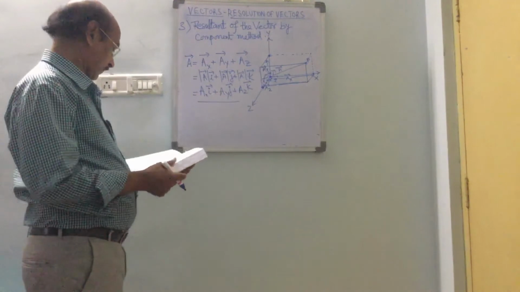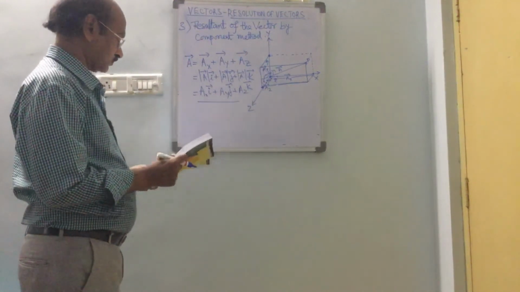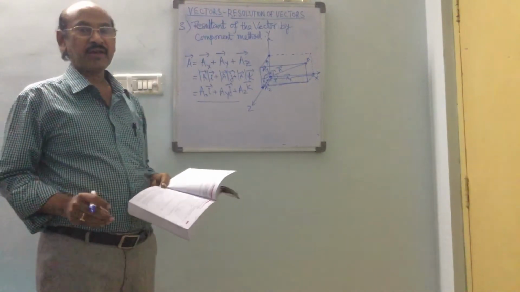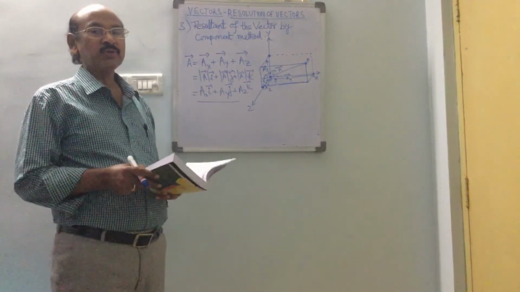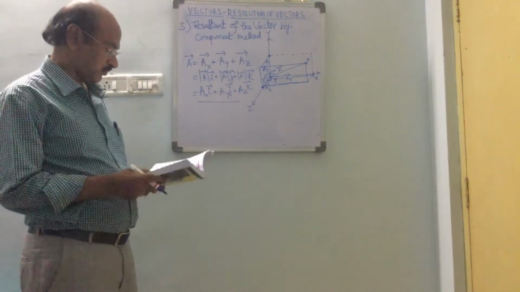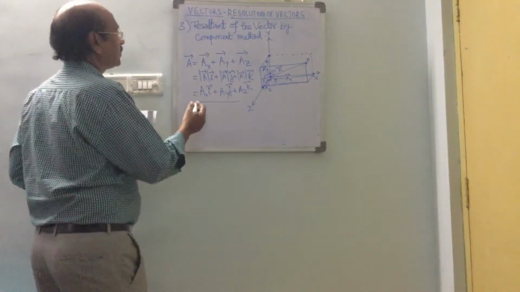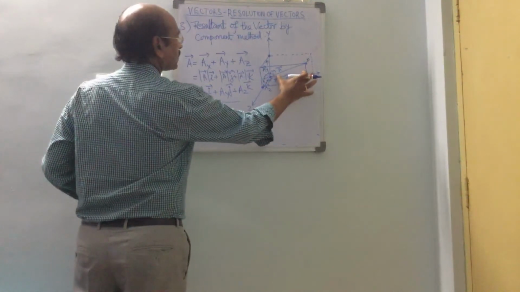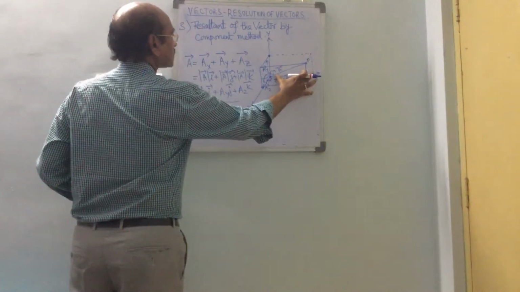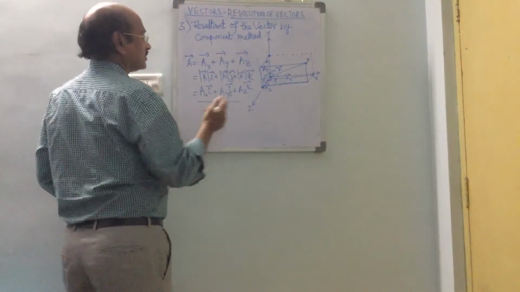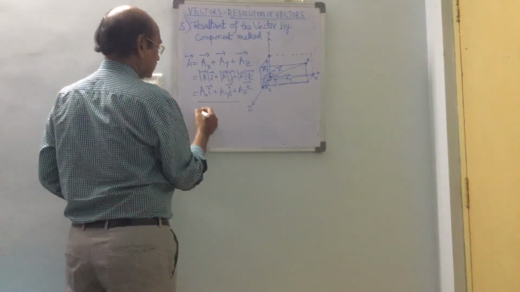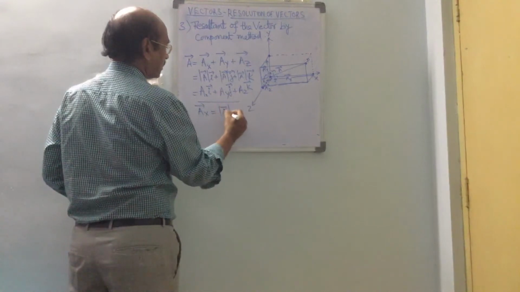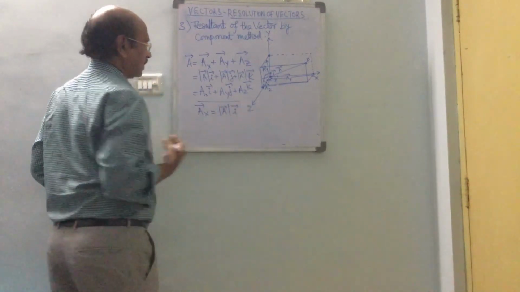Now, we know about unit vector. We already discussed that a unit vector is a vector whose magnitude is equal to 1. So here A bar x is the x component of A bar. This may be written as A bar x is equal to modulus of A bar into the unit vector in the x direction.